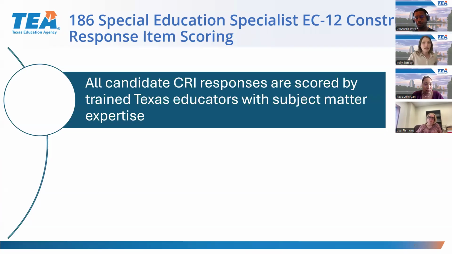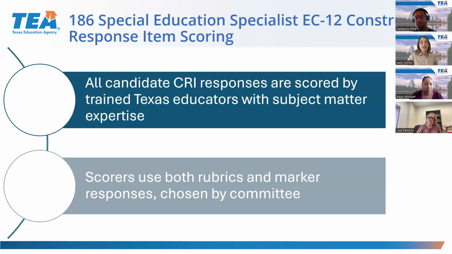In addition to that, the scorers are using the rubric that we just reviewed in addition to marker responses, which are chosen by committee. Some of you may have participated on some of our test development committees. You may know that there are marker responses, so exemplar responses at each of those score points. Committees of Texas educators, committees of Texas special educators choose those marker responses to say, this is a 4, this is a 3, this is a 2, this is a 1.